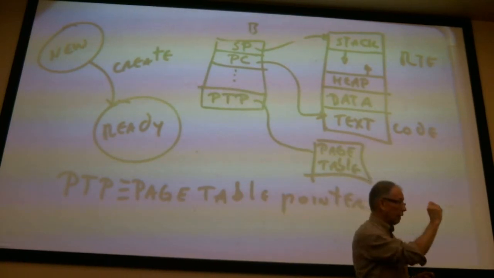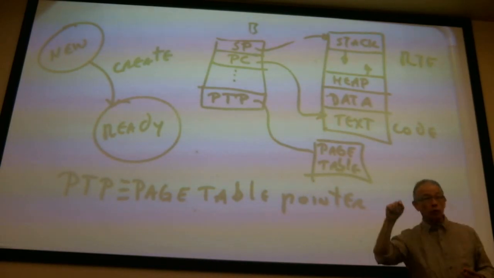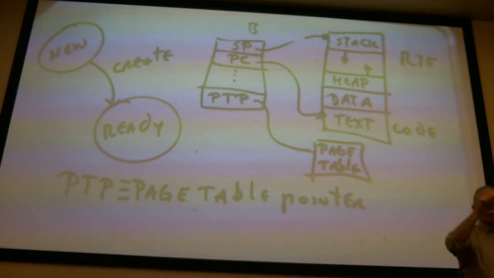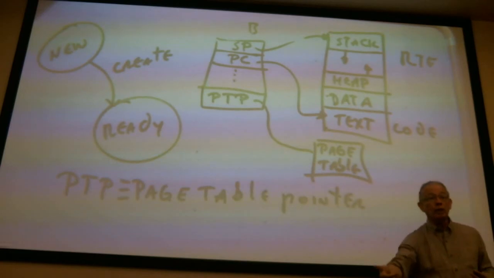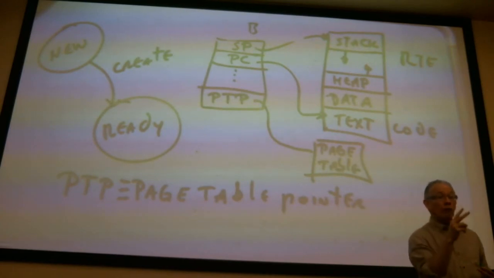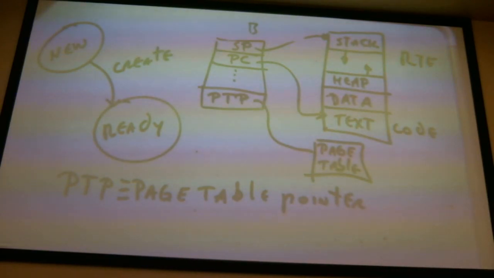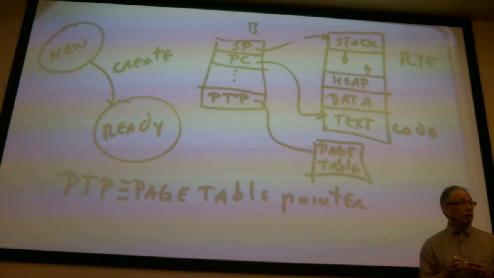And then we get that PCB, copy the stack pointer from the process control block into the CPU, the program counter into the program counter register in the CPU, and the page table pointer into the new register in the CPU that we call the page table pointer. So when we do context switching, we have to change from one program to another, and from one page table to another. Because the first program perhaps has 200 pages, but perhaps the second program has only 3, and they have different page tables. Are you following me so far?